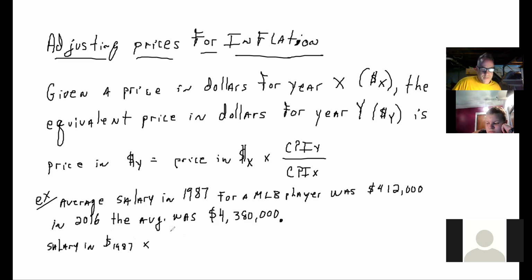We will multiply that by, and this is where again you would pull off the table, go to the year and find what the consumer price index was for that year, 2016, and we will divide that by the consumer price index for the year 1987.